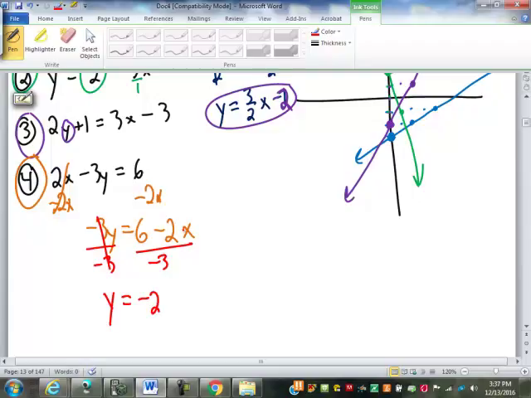Negative 2. And negative 2x divided by negative 3? Positive 2 over 3x. So where do we start? Down to negative 2. And from there we go up 2 over 3. There it is. Any big questions on those?